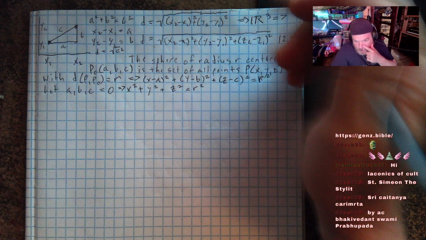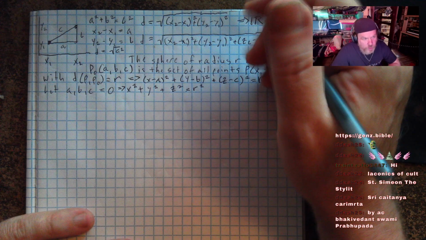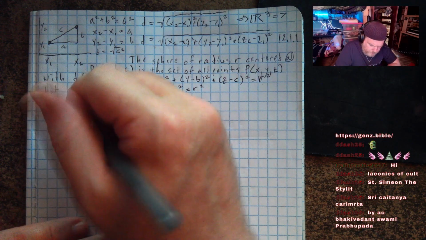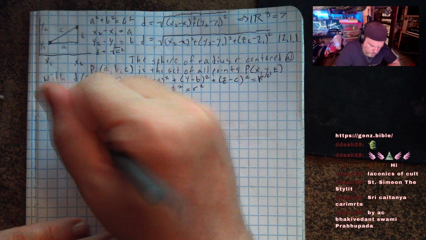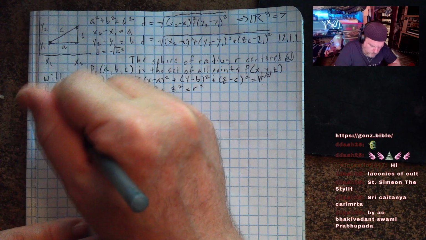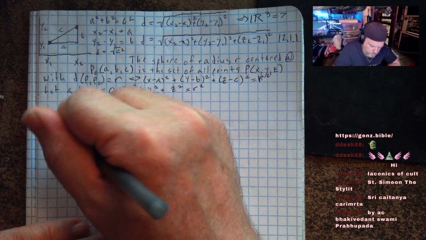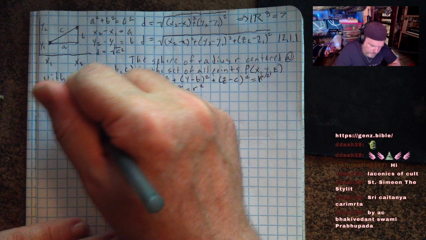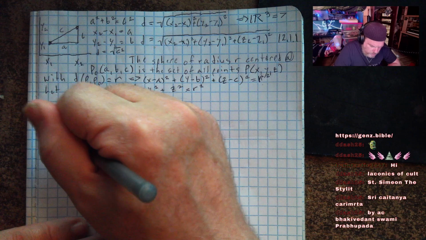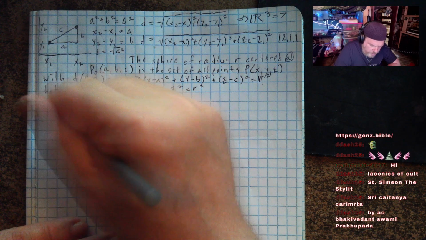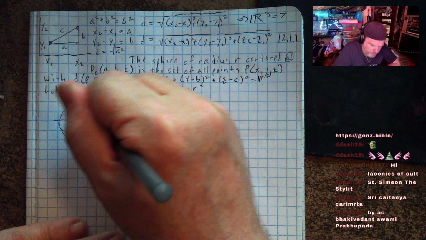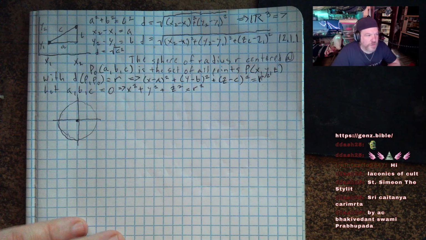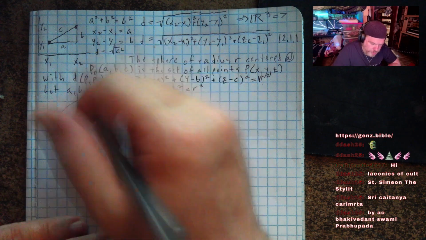Now, say I take a circle in the plane centered at the origin. And this is a familiar diagram from trigonometry and stuff, right?